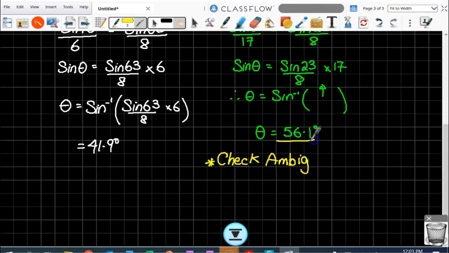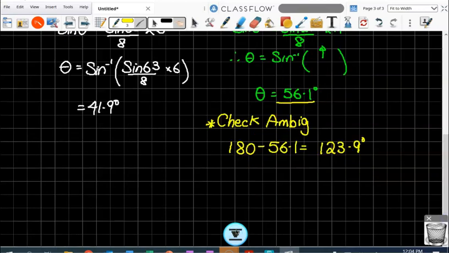The angle that we have just discovered, we go, what's 180 take away that angle? I know, I should do that in my head, hey. 123.9. And we then look at this angle plus the angle that we've got in the triangle. So do you know what I'm about to say? Don't talk while I am, please.